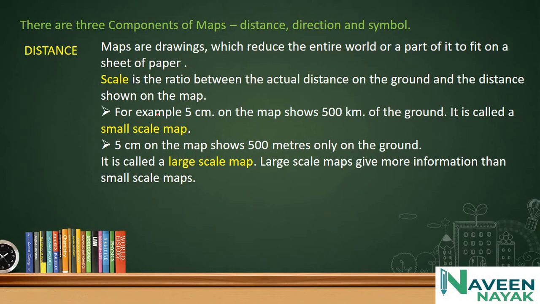Let's move on. There are three components of maps: distance, direction and symbol. Distance. Maps are drawings which reduce the entire world or a part of it to fit on a sheet of paper.